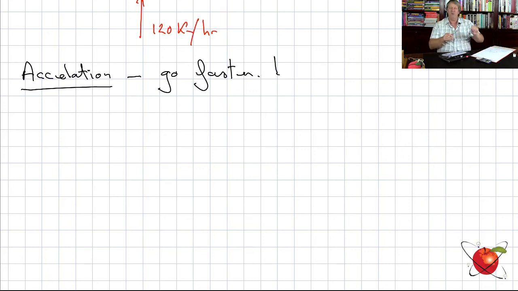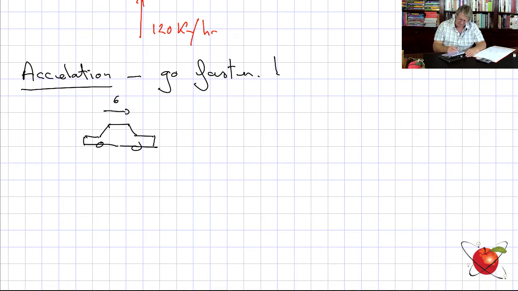Right? Now if we go faster, what happens? Okay, let's take the car. The car over here is traveling this way at 60 kilometers per hour, and let's say a little bit further.